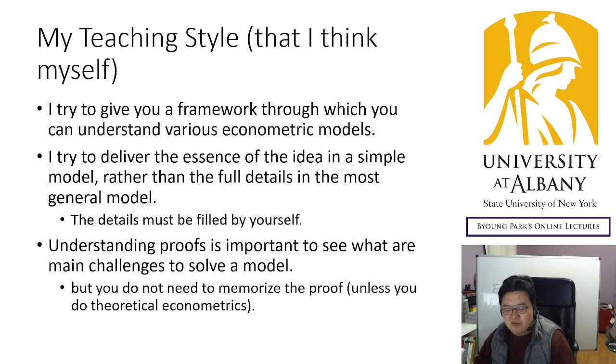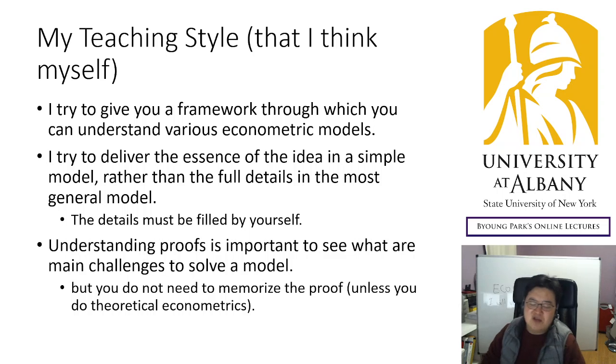Or if you want to understand a general regression model, usually you just need two regressors. If you understand the two regressor case, then three or more regressors are an automatic generalization, right? So there is no point in using three or more, or a general k number of variables in a regression model. I will try to use two variable examples.